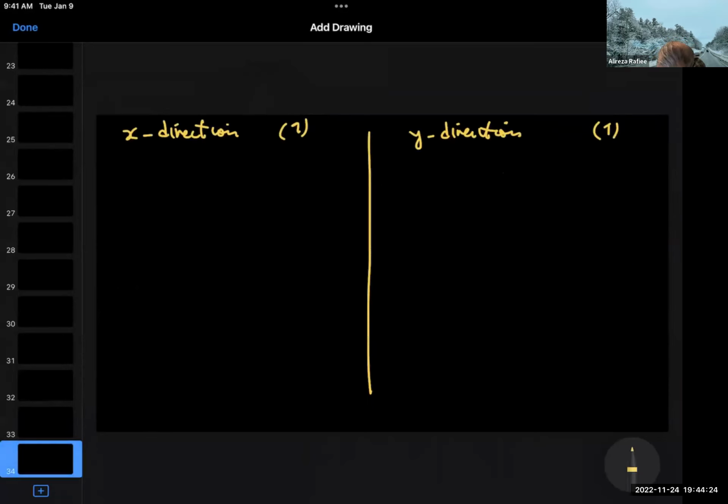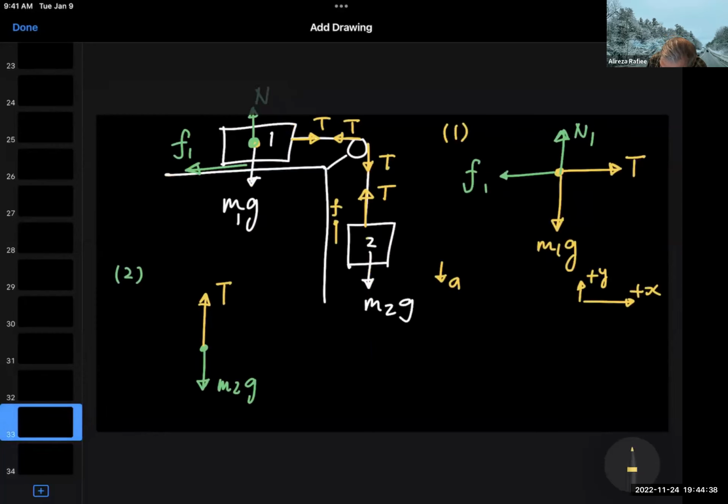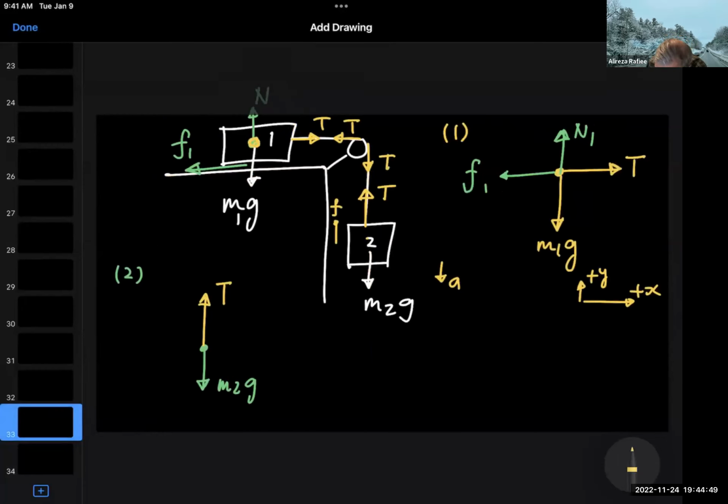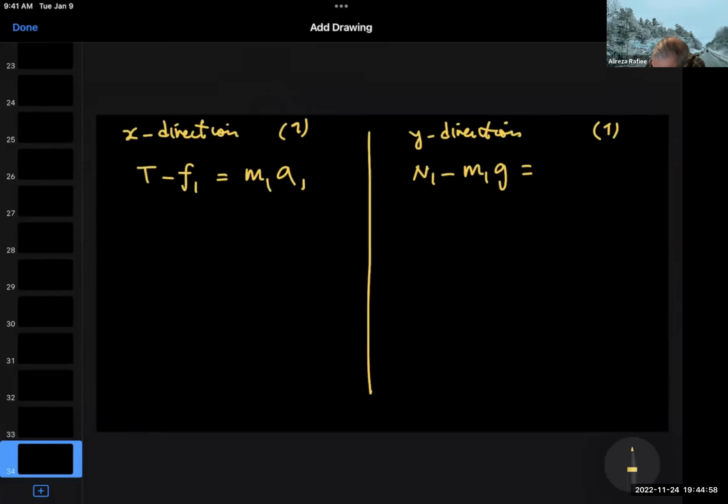Okay, T, let's say T1, minus f1 is equal to m1 times the acceleration of object 1. Then in the vertical direction, I have n1 minus m1g equal to, now, object 1 is fixed on the surface, so it's not going up or down, so its acceleration in the y direction is 0.